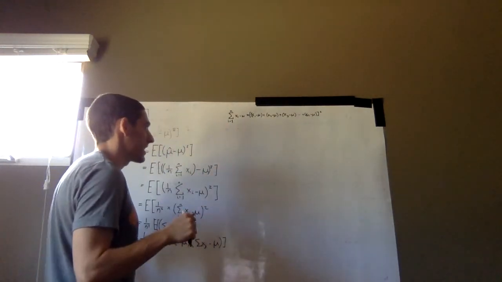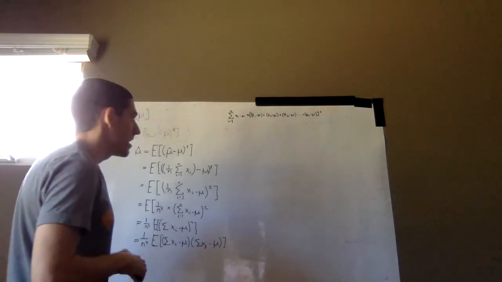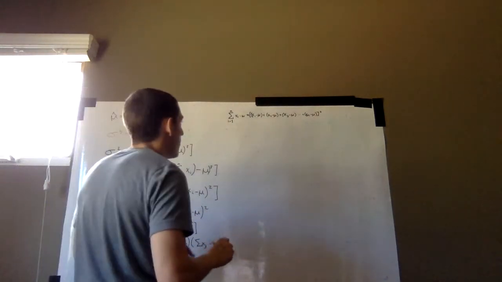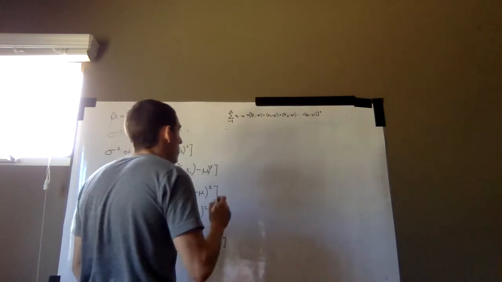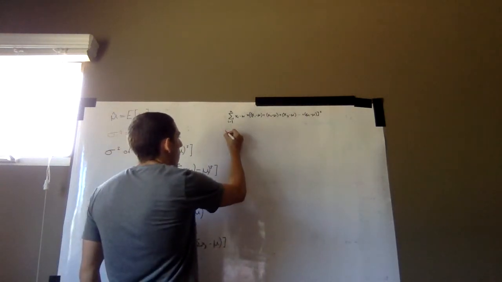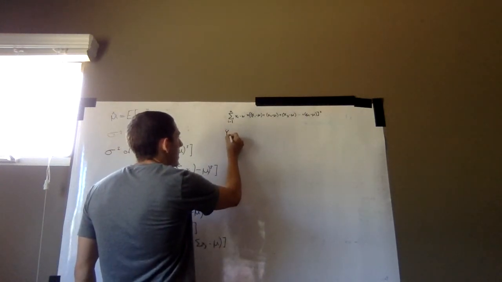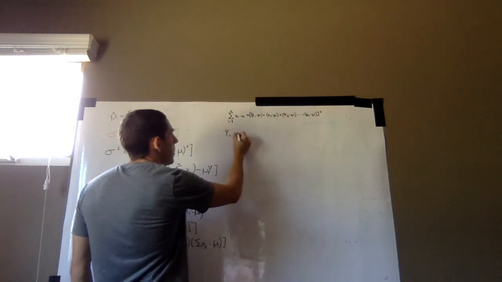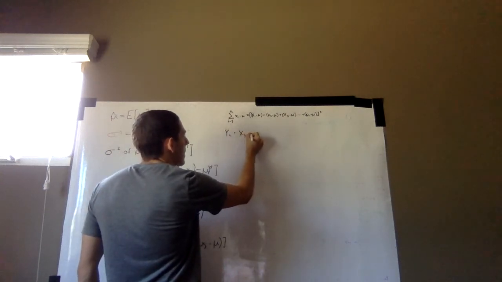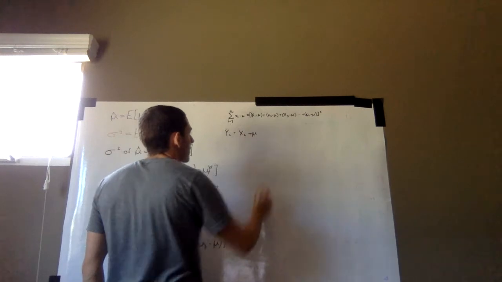So the first thing is I'm just going to simplify by, instead of talking in terms of x's, talking in terms of y, where yi is equal to xi minus mu.